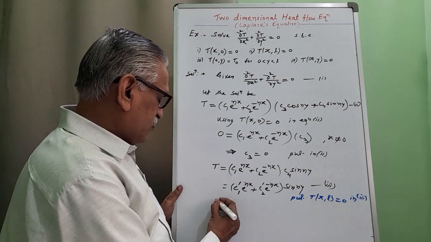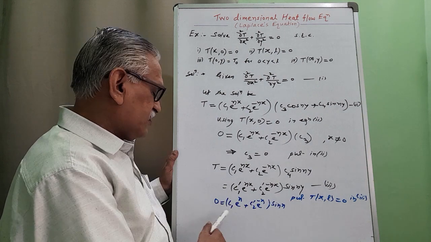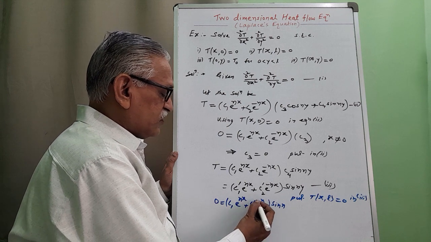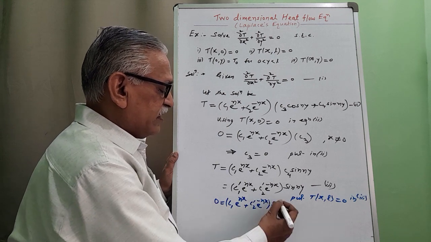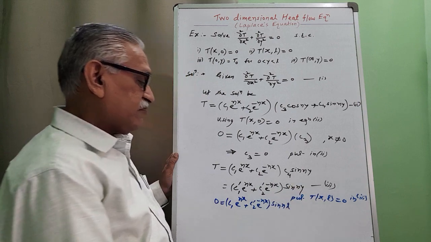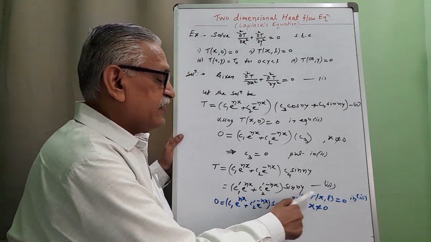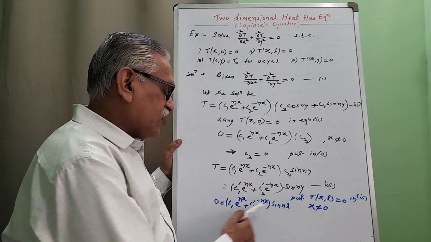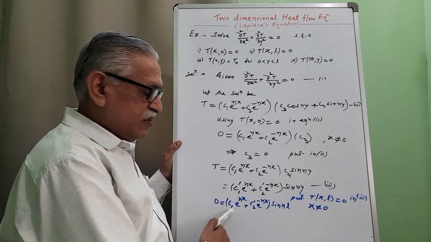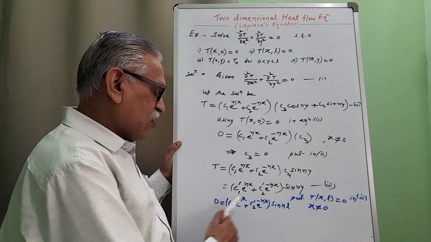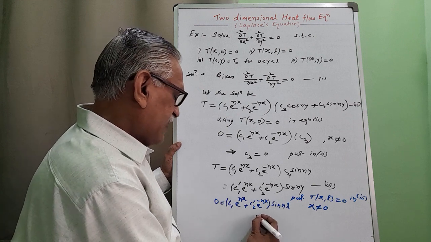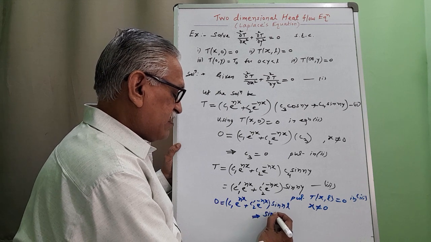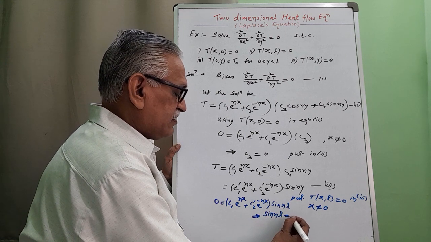Therefore the left hand side becomes 0, and the right hand side is (c1' e^(nx) + c2' e^(-nx)) sin(nL). As the condition is defined for y equal to L, at that time x should not be 0, and if x is not equal to 0, this term should not be 0. As this term is not equal to 0, but the product of the two terms is equal to 0, it implies that the remaining term, sin(nL), must be 0.